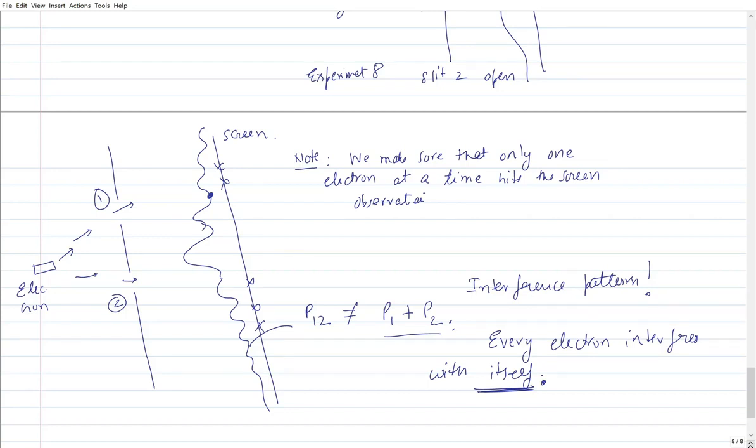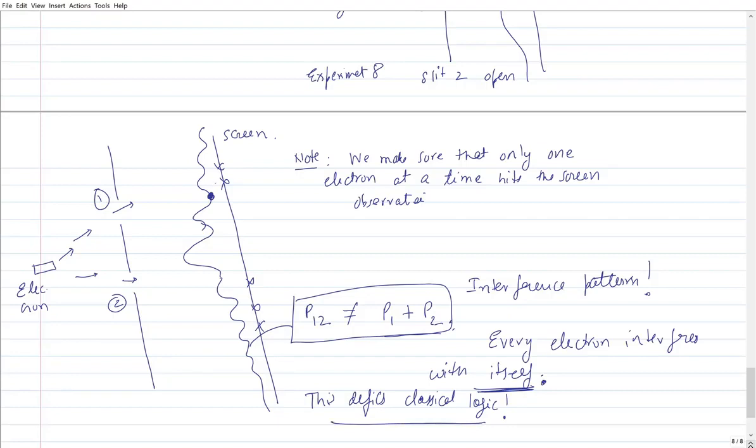I shouldn't call it a wave because I'll come to that later, but as far as we know, this is what the observation is over here. And if you look closely, observe closely this particular experiment, this defies classical logic. Why do I say so?